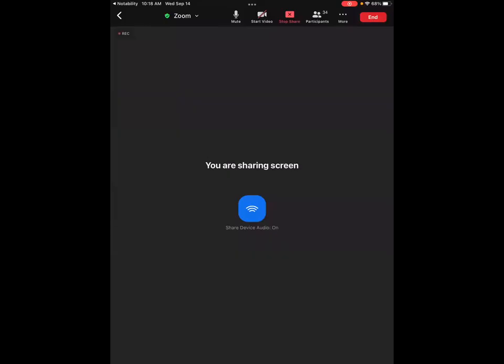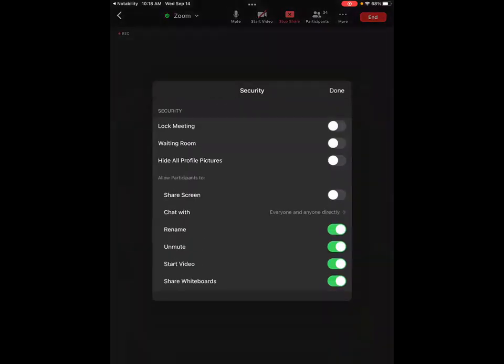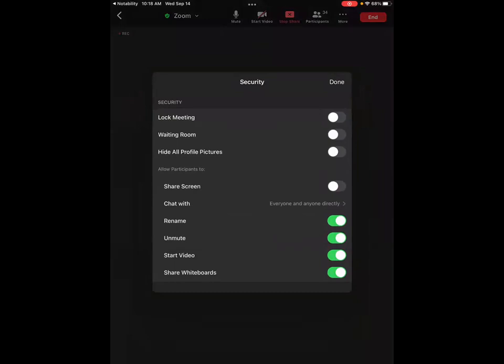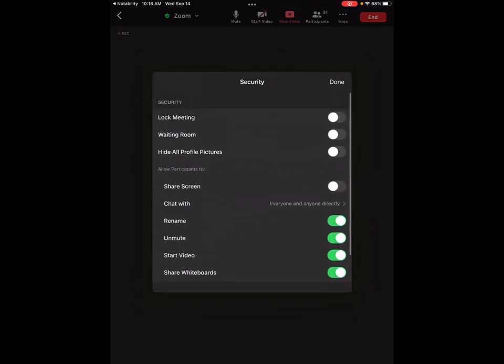It may be turned off since I'm using my live participants to share, unmute, chat, rename. Okay, why can't I do that?